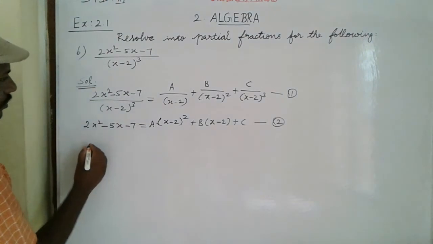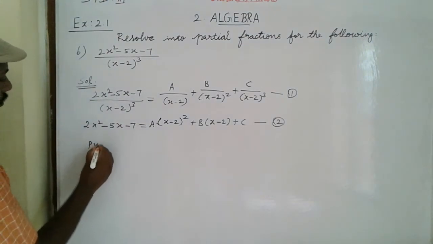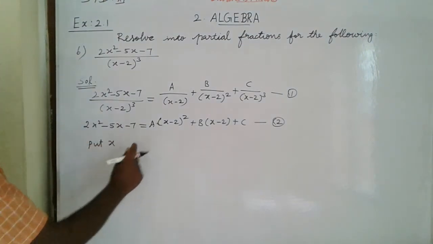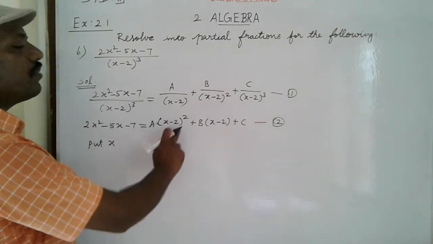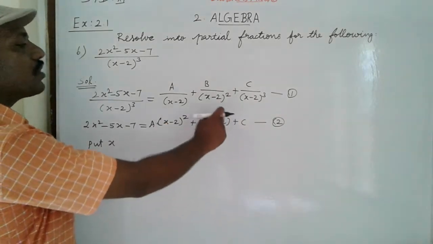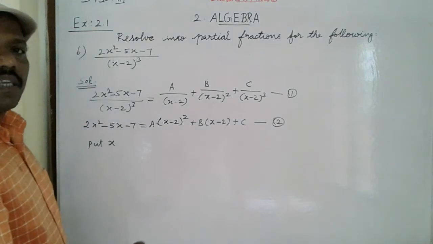Put x equal to 2 and substitute, then this term is 0, this term also 0, and we find the C value.